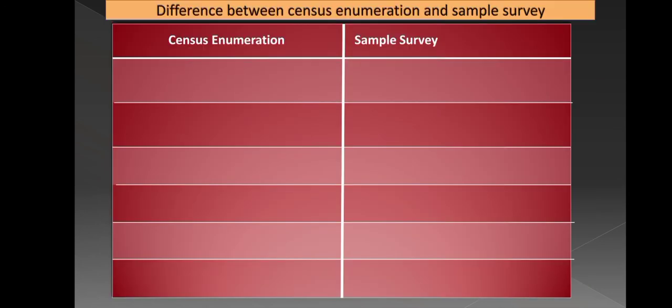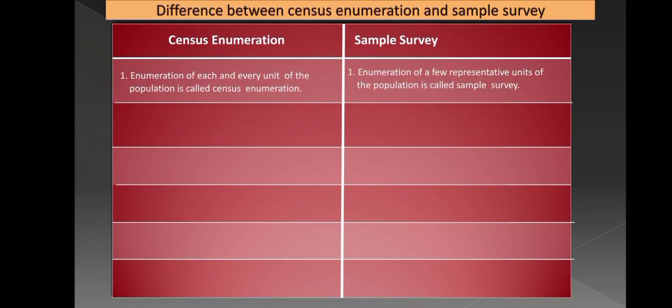So here you can see some differences between census enumeration and sample survey. The first one is, enumeration of each and every unit of the population is called census enumeration. This is the definition of census enumeration, and sample survey is defined as enumeration of a few representative units of the population. The second one is, non-sampling errors are likely to be more in census enumeration.